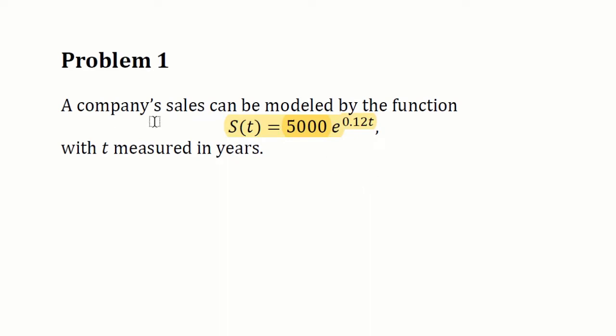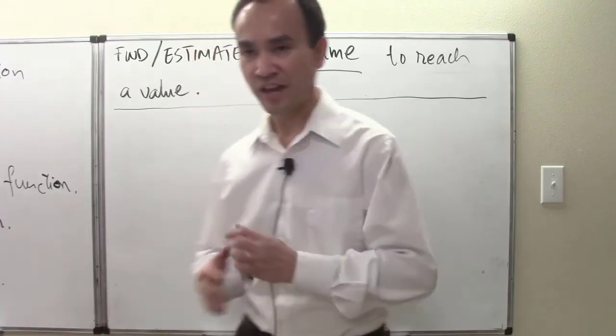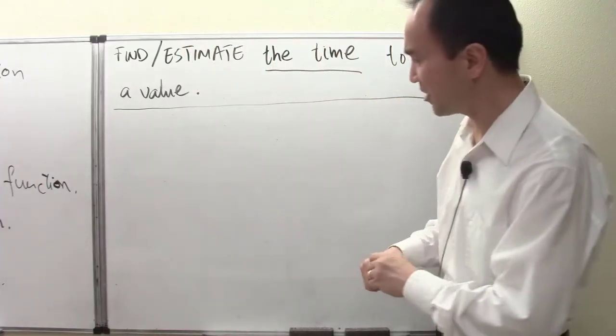And that's why it says, as it's stated here, the sales of that company can be modeled by the function S of t. So S stands for the sales quantity, equals 5,000 initially times e to the 0.12t right here. All right, so we catch that immediately with that given information.